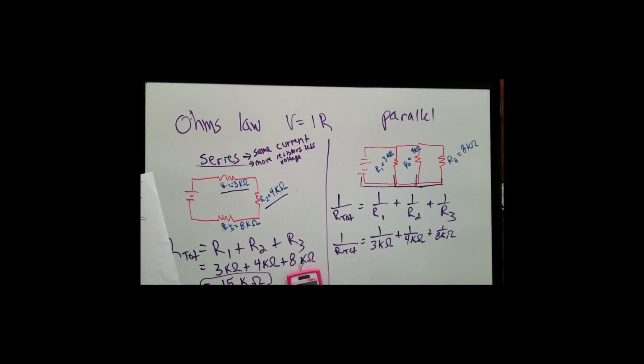So 1 divided by 3 plus 1/4 plus 1/8. So my 1 over R total is 0.708, so on and so forth. Okay, this is not my R total, this is my 1 over R total. So I need to do my inverse button, my x minus 1, flip that, and get my R total then of 1.4 kiloohms this time.